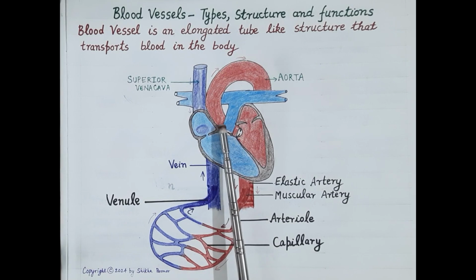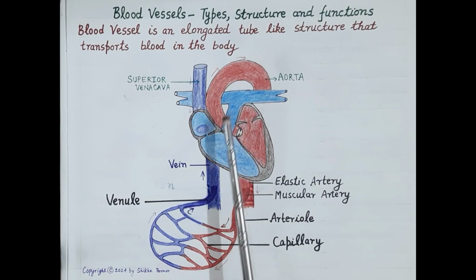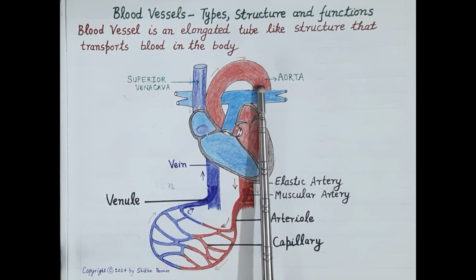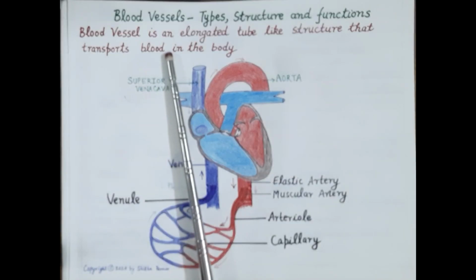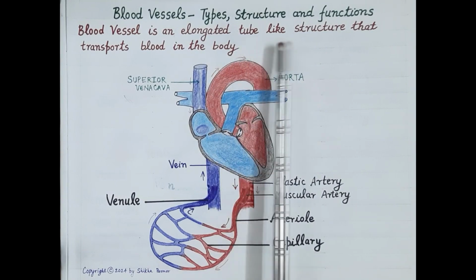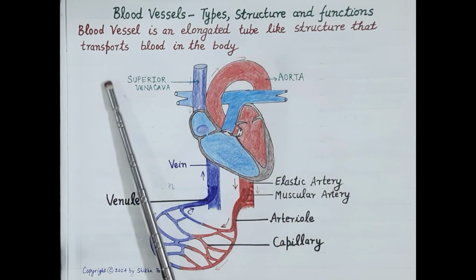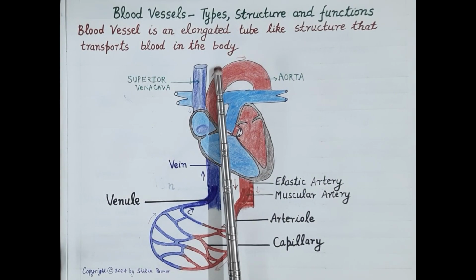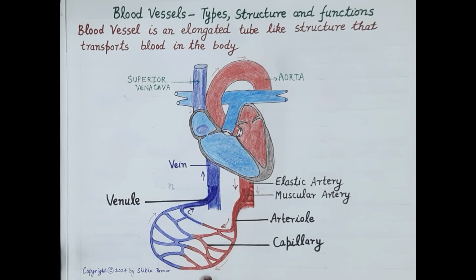So as you can see here, a blood vessel is a tube-like structure that transports blood in the body. So blood vessel can be defined as an elongated tube-like structure that transports blood in the body. Now as you can see here, the blood vessels form a network of tubes, a closed circuit.